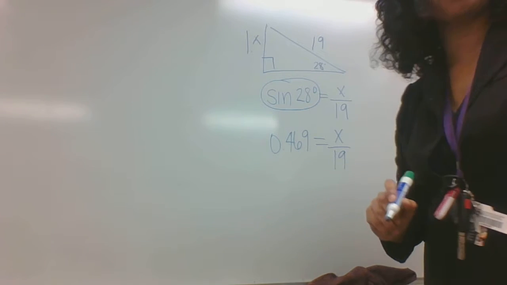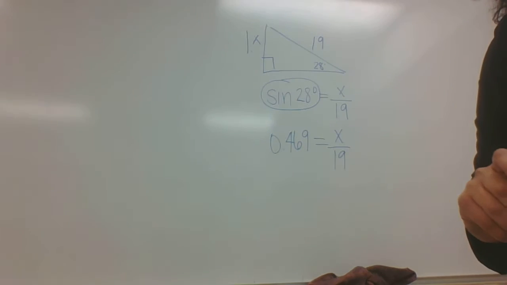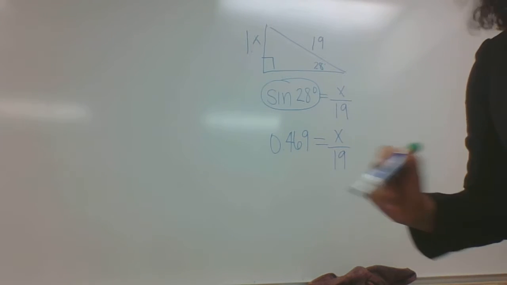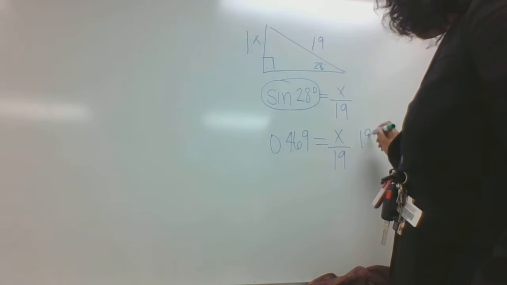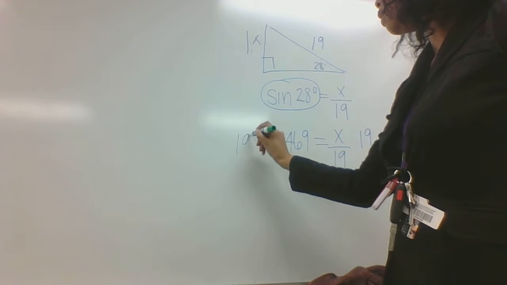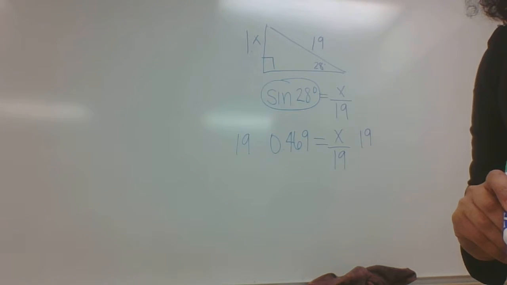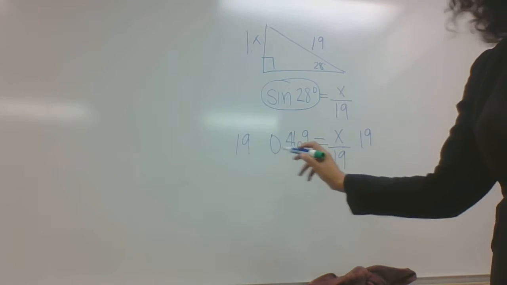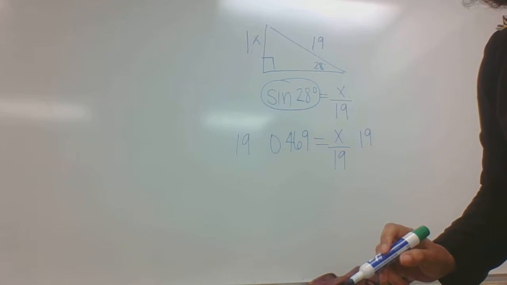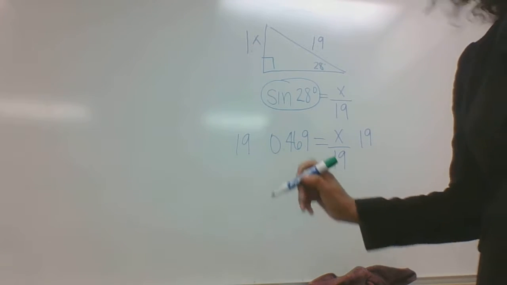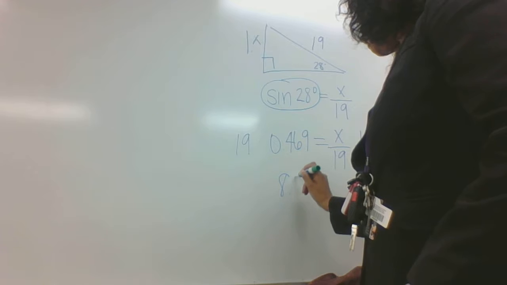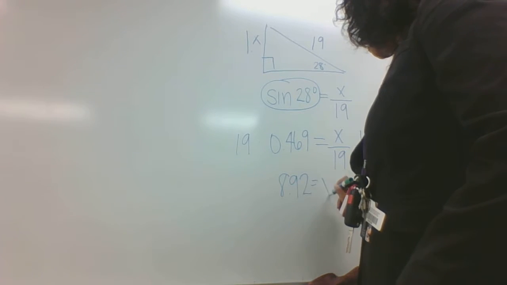So then what would I do to find x? Multiply by 19 on both sides. And when I multiply those two together, what do I get? 8.92 equals x.